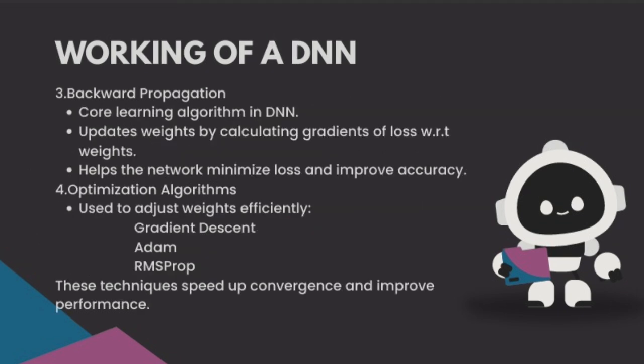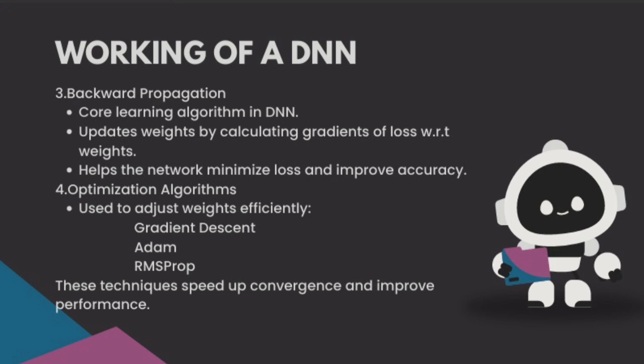Next comes the backward propagation, which is the opposite of forward propagation. This is the core learning algorithm of a DNN and updates the weights by calculating the gradients of the loss with respect to each weight. By propagating these errors backward through the network, backward propagation helps minimize the loss and improve the accuracy of the model over time.